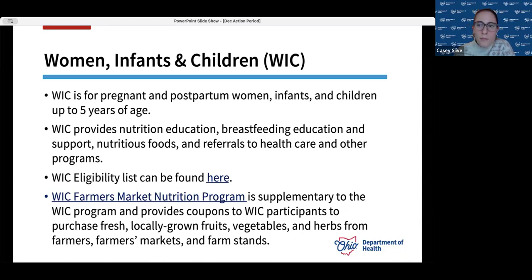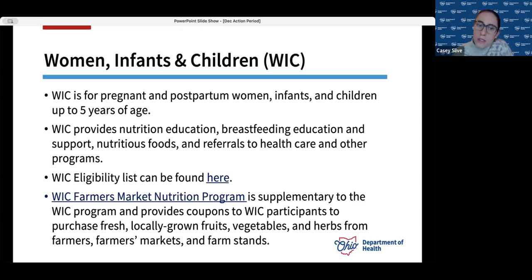It provides nutrition education, breastfeeding education support, nutritious foods, and referrals to healthcare and other programs. So the eligibility list is linked there. A couple of pieces of the eligibility: individuals have to be present at the clinic appointment and provide proof of identity.